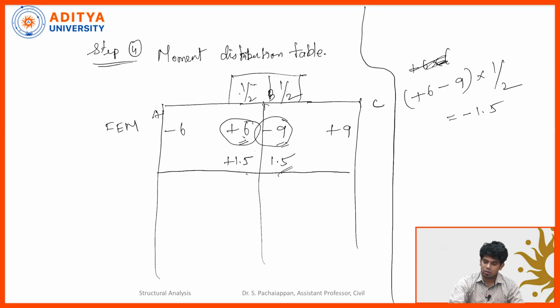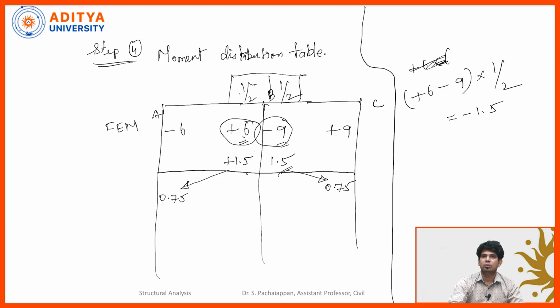Now from this 1.5, 50% of the moment will be transferred to the support A and then 50% of the moment will be transferred to the support C. So 50% of 1.5 is 0.75, in both the supports. That's it.